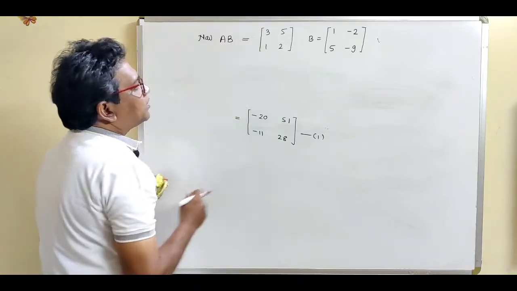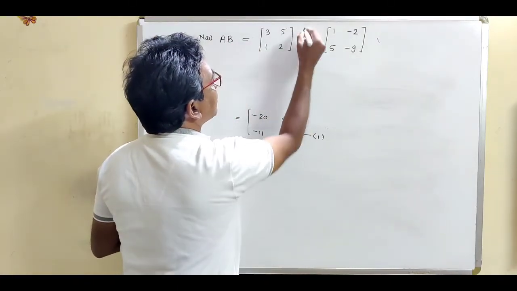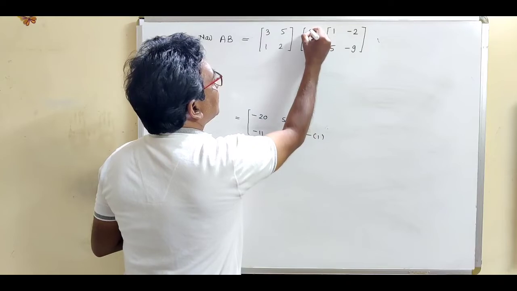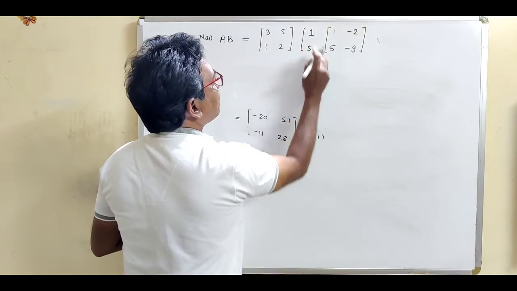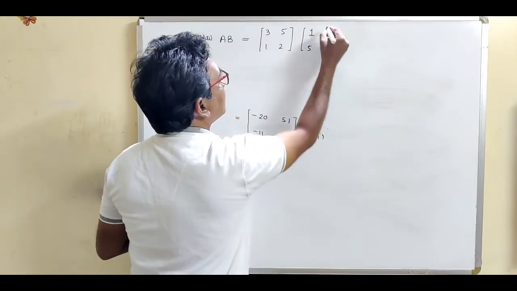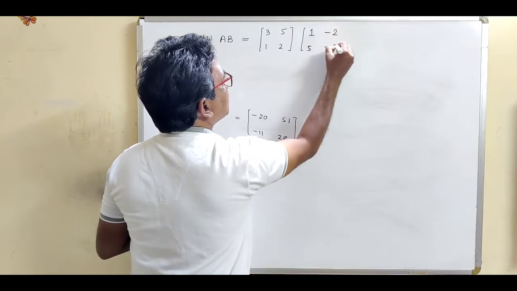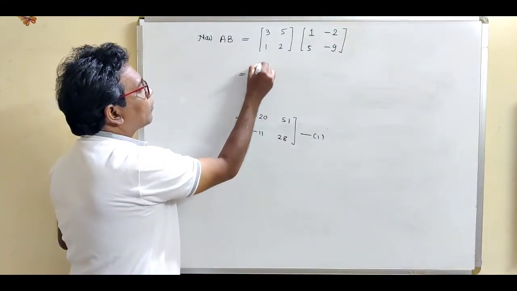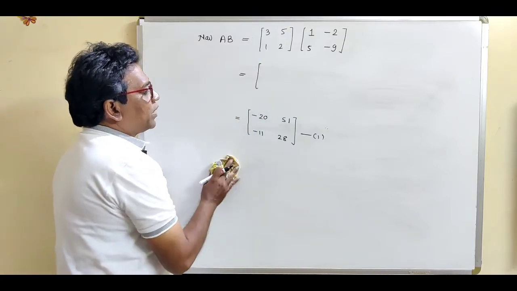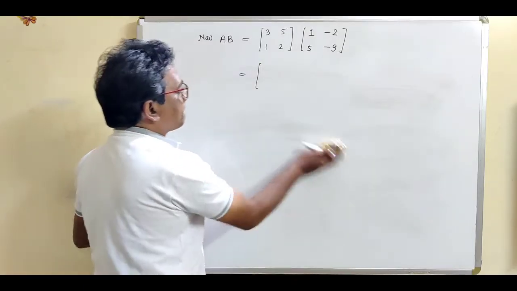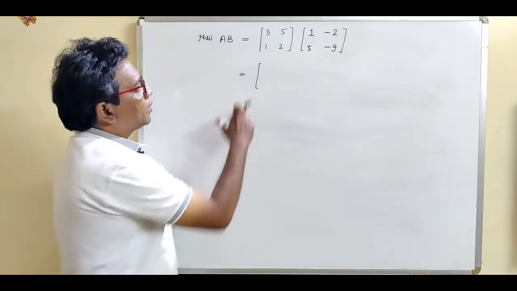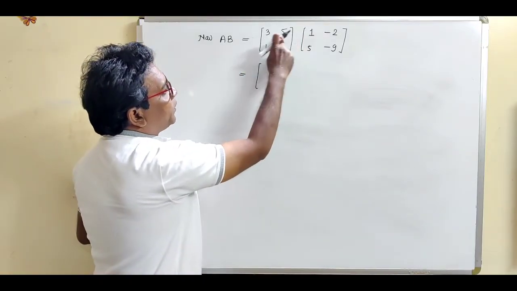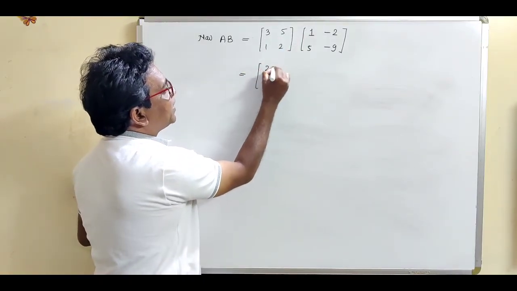AB is equal to, this is suppose A into this matrix B, this is 1, 5, minus 2, minus 9. So find out this product. Three plus 25, this is 28.